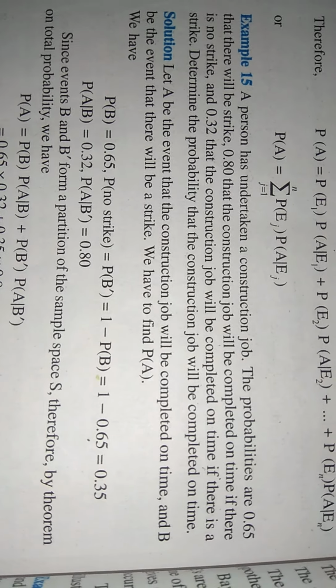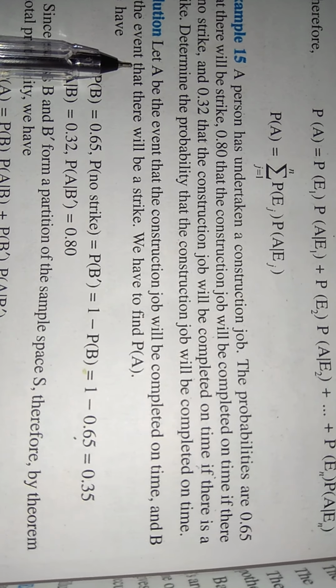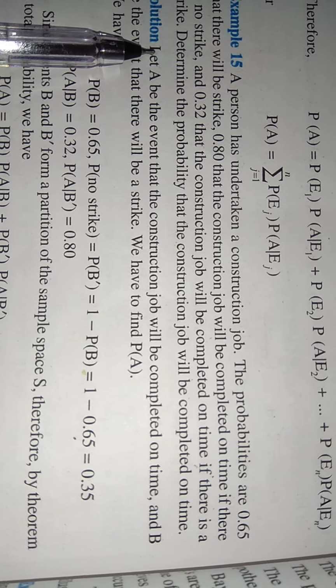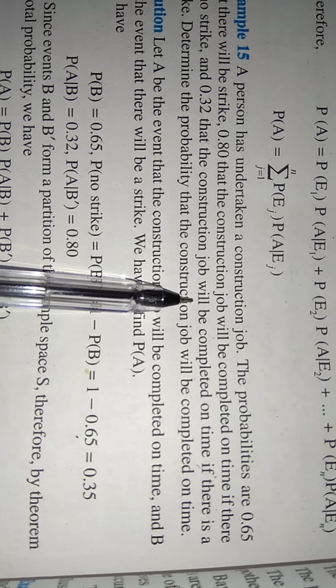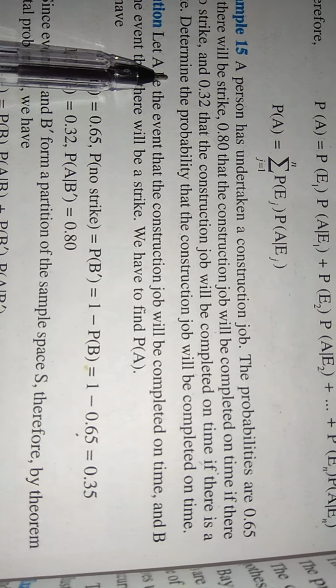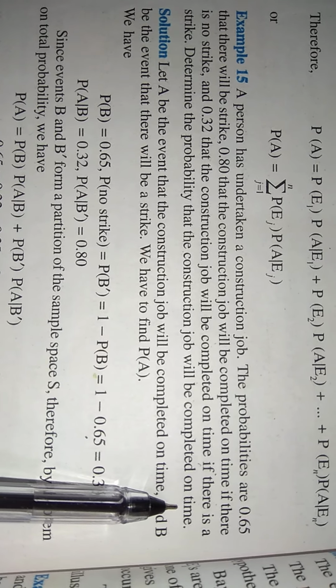So there are two cases, if a strike will be there or not. The probability is given for each case, and we have to determine the probability that the construction job will be completed on time.